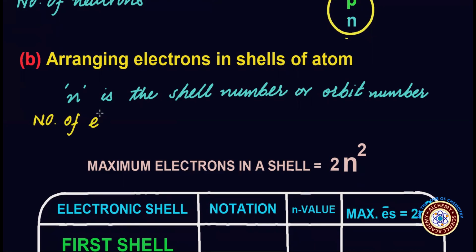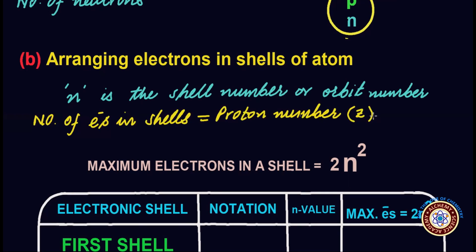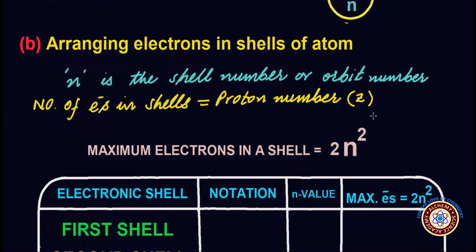So the number of electrons one has to distribute in shells of an atom is equal to the proton number, which is Z. Now this arrangement of electrons in energy levels of an atom according to their increasing order of energies is called electronic configuration or electronic arrangement.